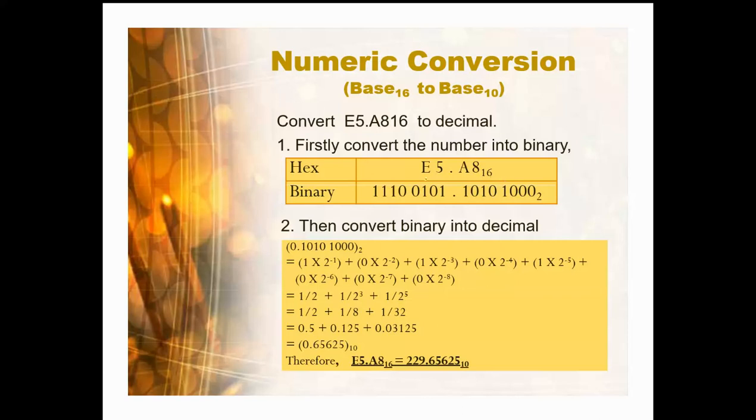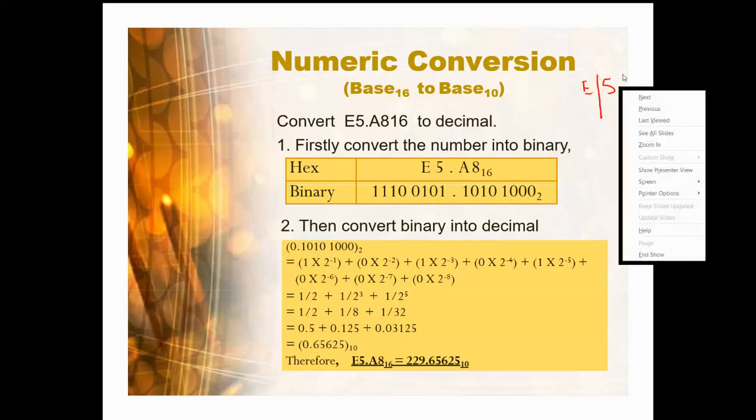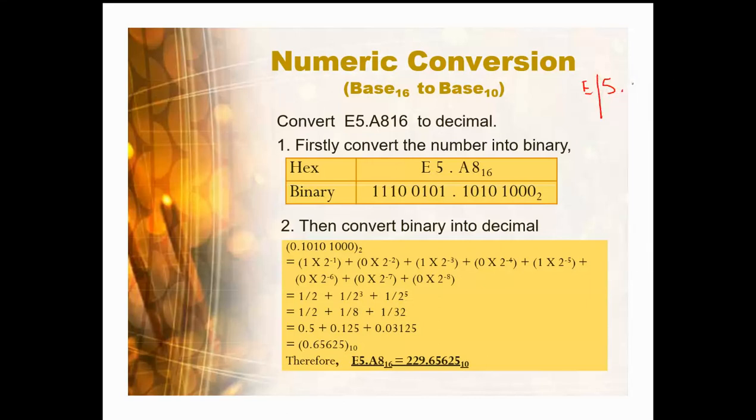So this one you convert into binary. So 1 hexadecimal digit equals 4 binary digits. So the way to do it is, you see here E5, the point, then A8.